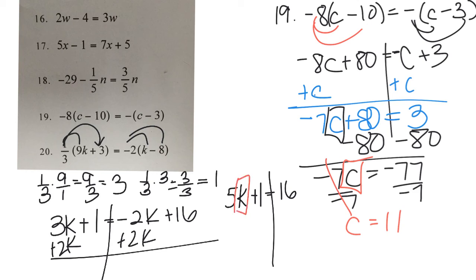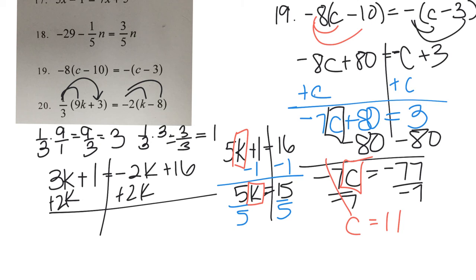So we're going to subtract the 1, move the constant first. So we get 5k equals 15. Again, getting k by itself, so I need to divide because 5k means multiplication. And k equals 3.